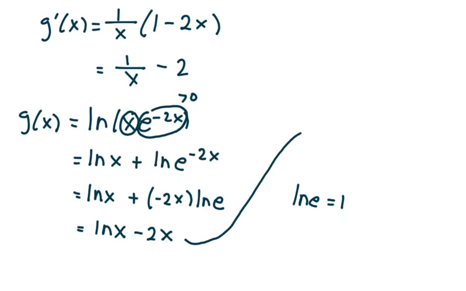And so I can say g prime of x is equal to 1 over x minus 2. So I simplify the natural log first, and then take its derivative. And that is legal. And that's number 9.